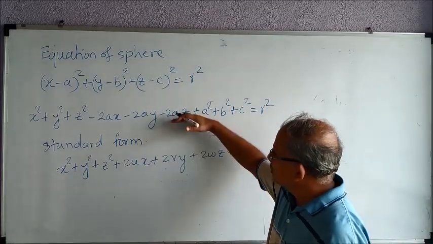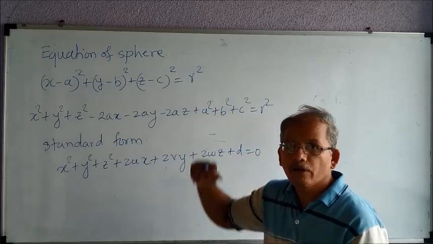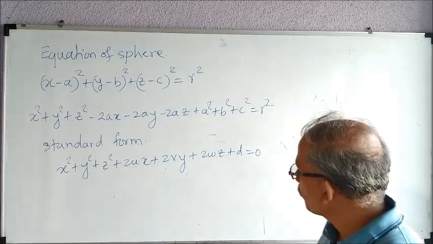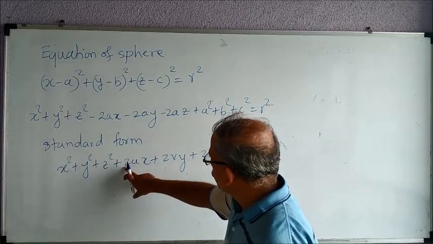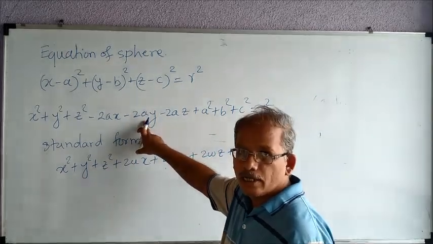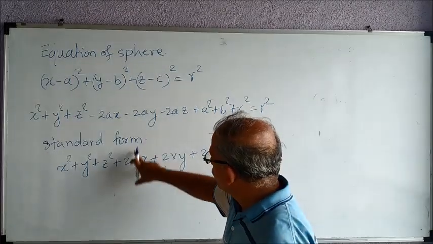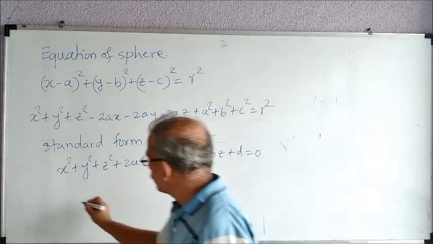Now, if I compare this with the equation that we have obtained, see that 2u is compared with minus 2a, so we get a as minus u.